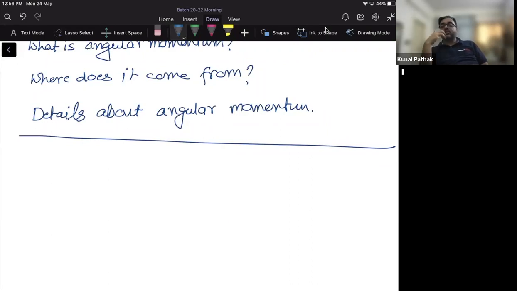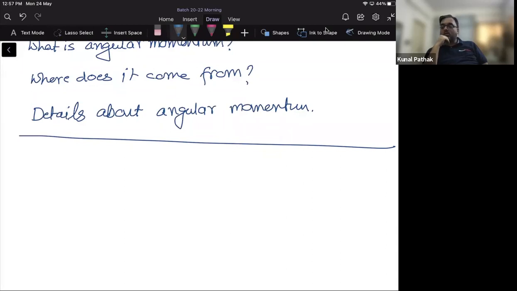That is the logical succession of steps from where we got the law of conservation of linear momentum.